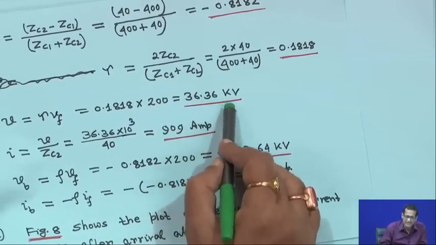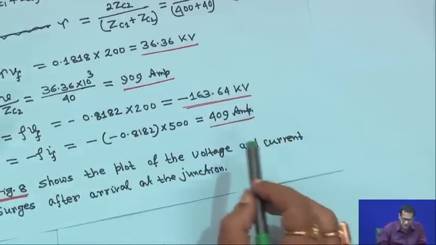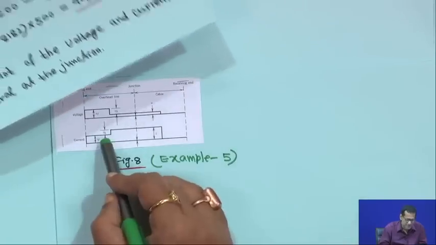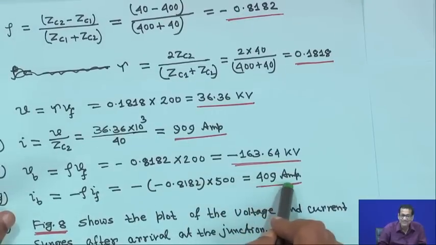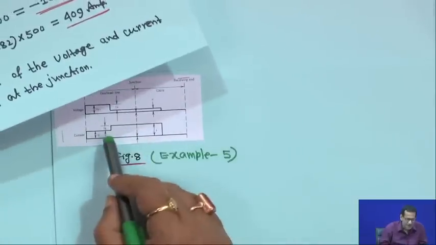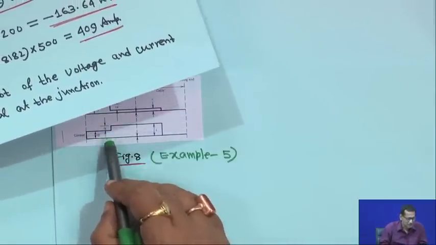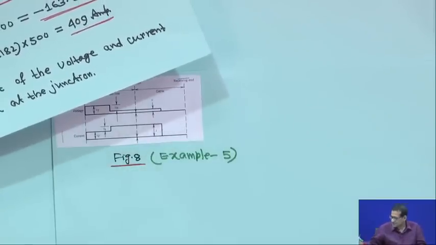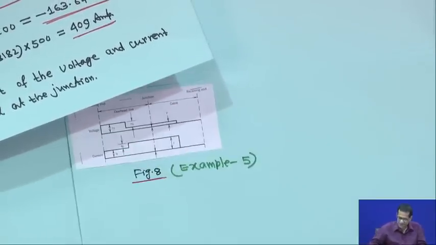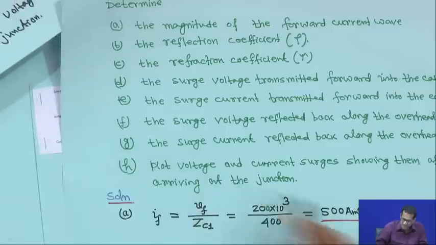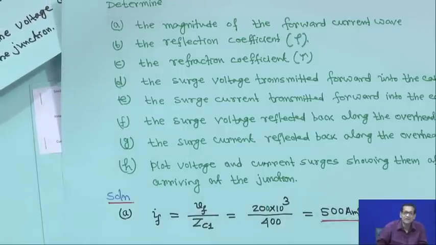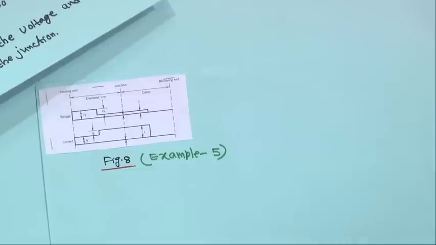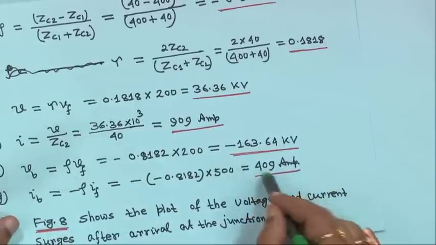And IB is 409 ampere. IF was 500 ampere, and IB is positive 409 ampere.